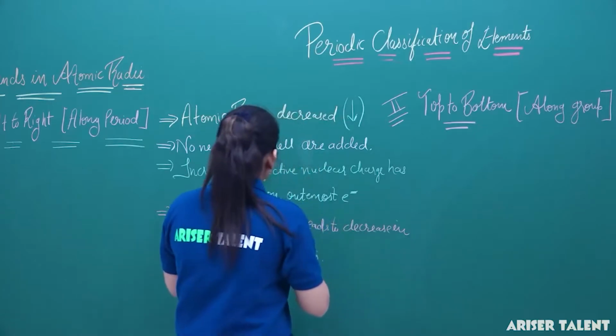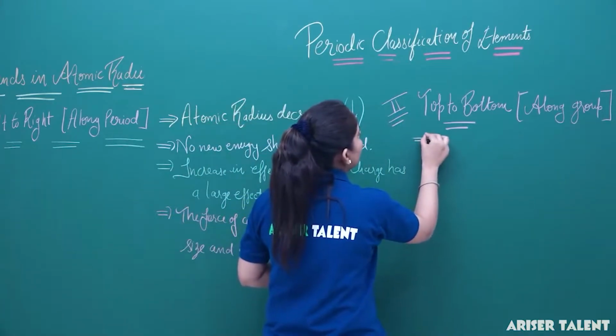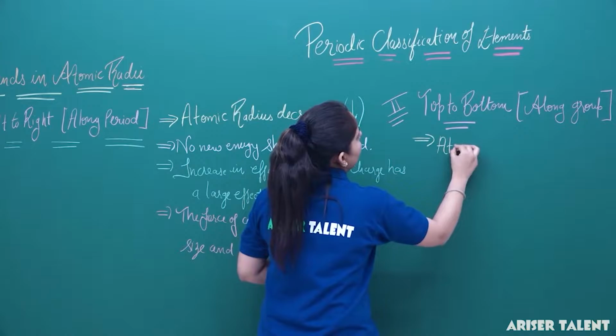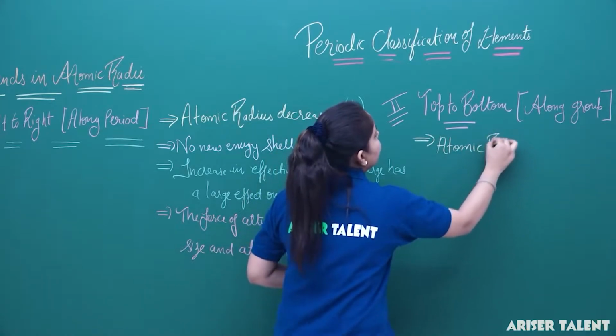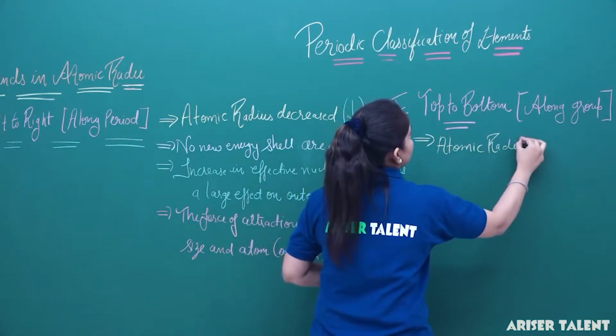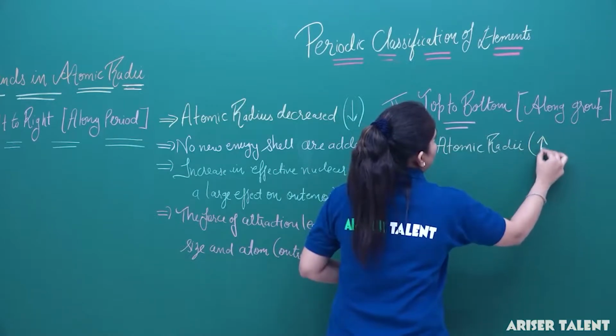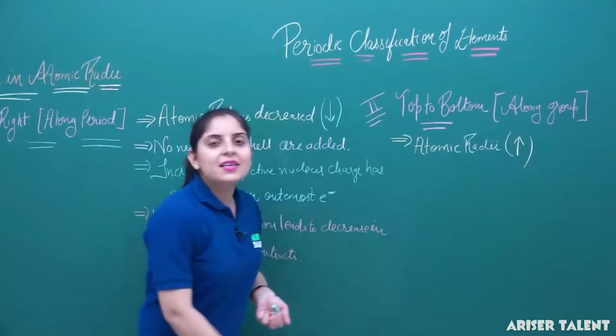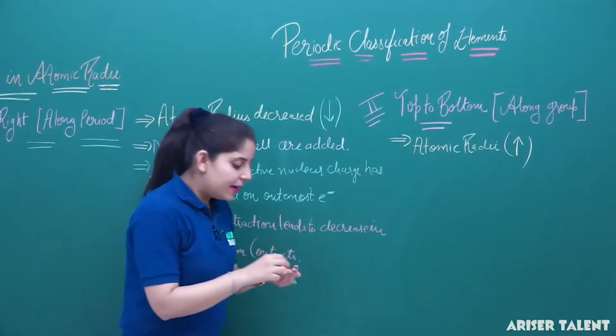So we can see that in going from top to bottom, atomic radii increases. Why is atomic radii increasing? Because new shells are added.